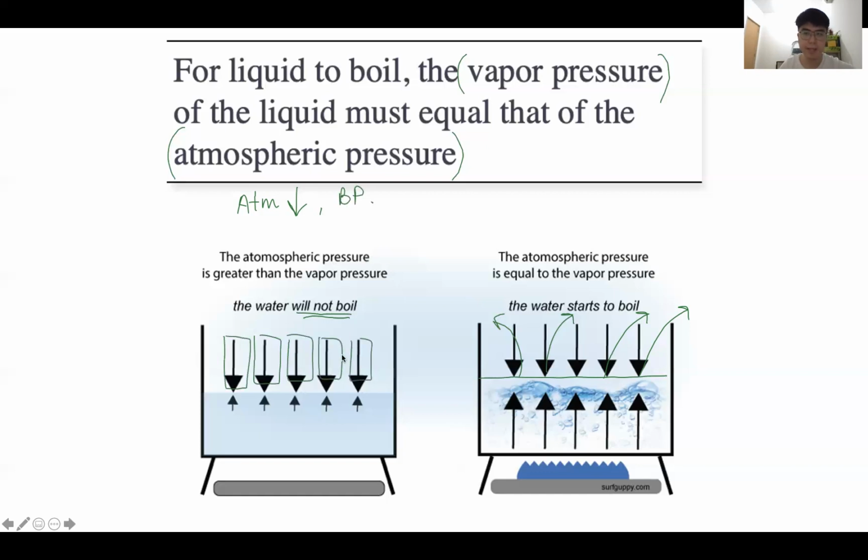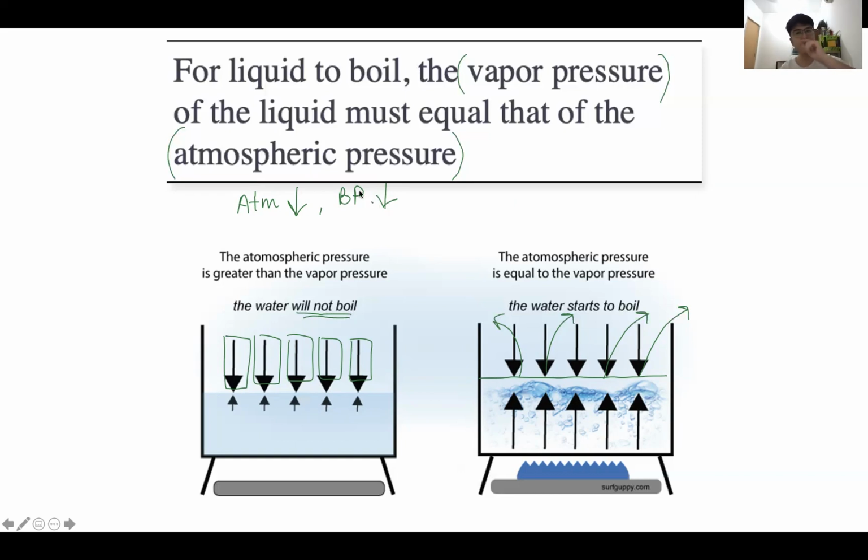So it is easier for the water molecules to overcome it, because the force is less. When they try to overcome the atmospheric pressure, it is now easier, meaning that the boiling point will decrease. Atmospheric pressure decreases, boiling point decreases.